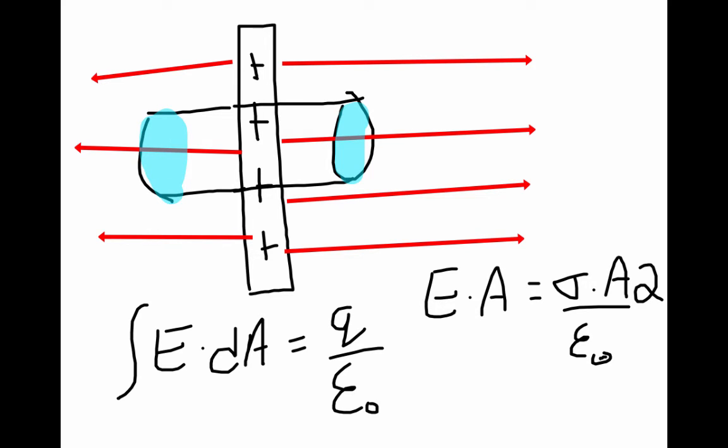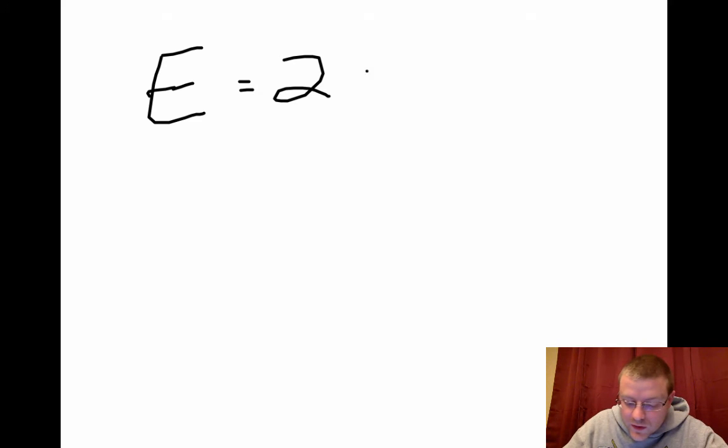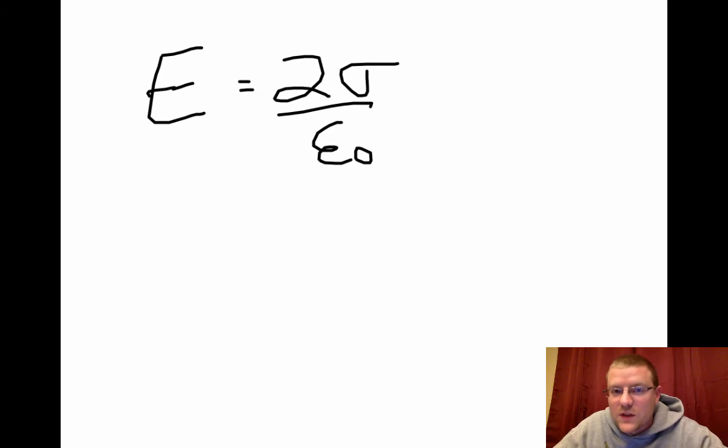So I'm going to have two areas, and you can see my areas are going to cancel because again the area that I've selected for my Gaussian surface is an imaginary shape that I've selected, which gives me an electric field for a plane of charge to be 2 sigma over epsilon 0, which is just constants. Epsilon 0 is a constant, sigma is a constant, and 2 is a number. So we get a nice, constant, uniform electric field from planar symmetry by taking that cylinder and putting it through the wall.